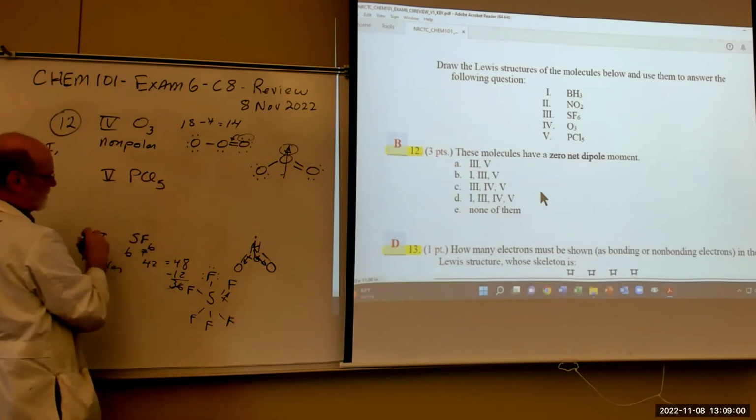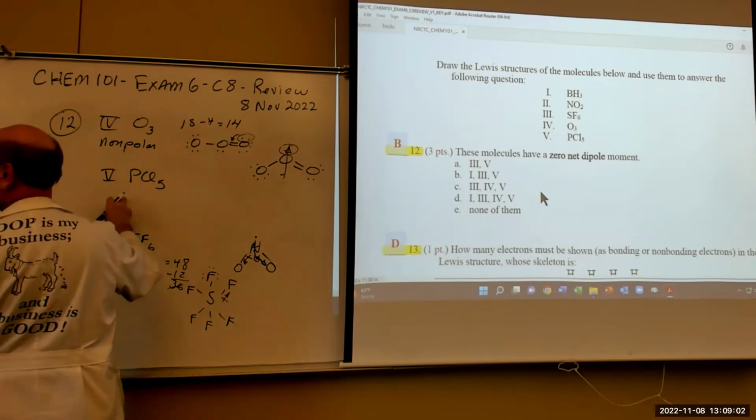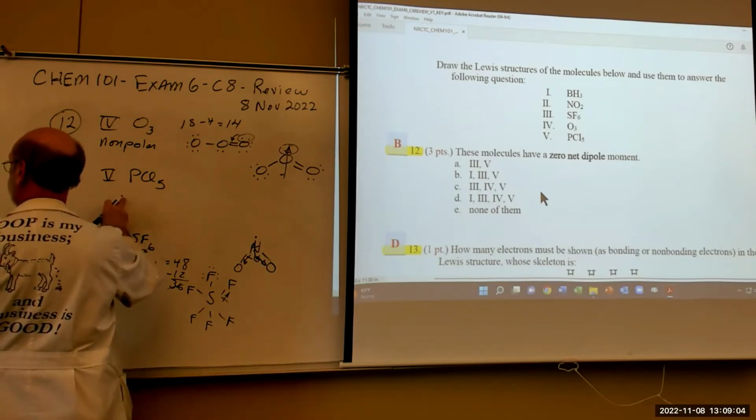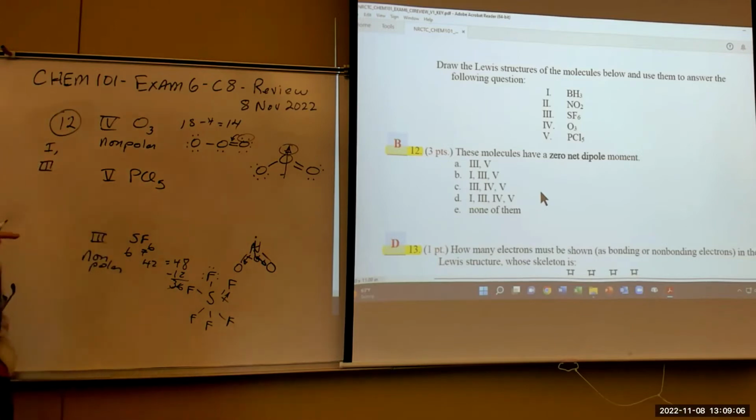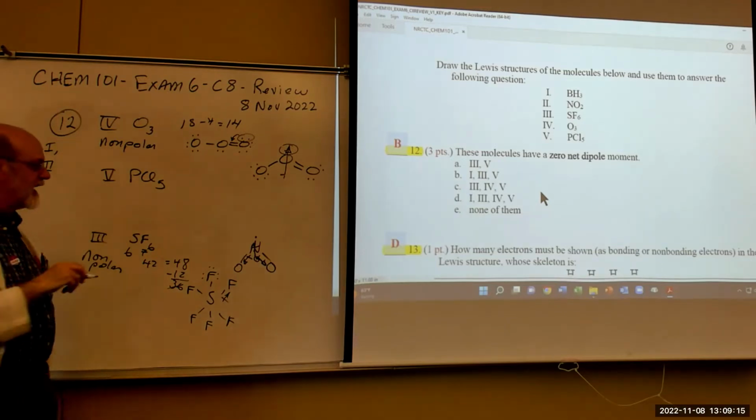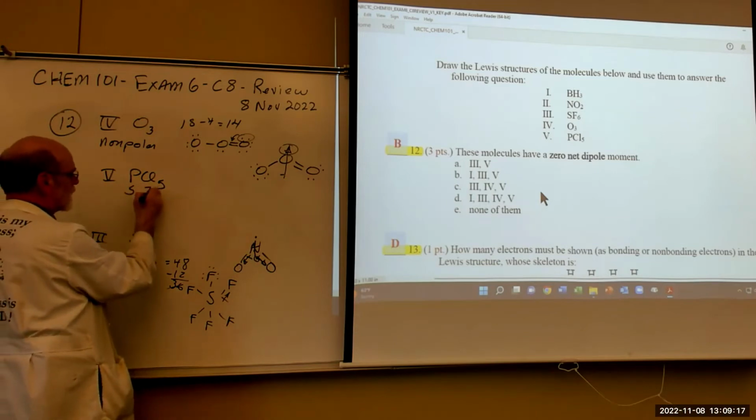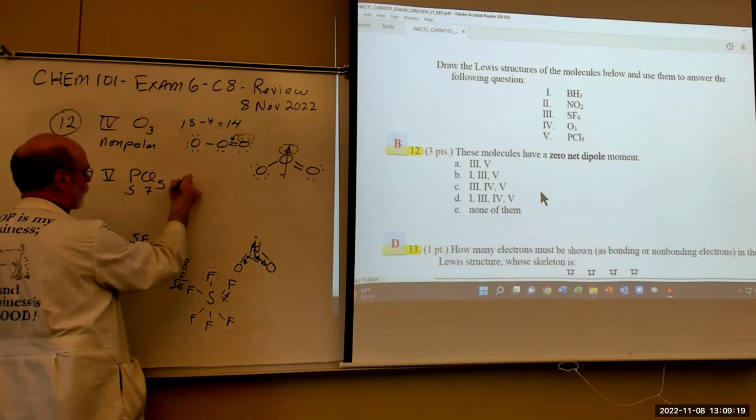PCl5. Okay. Phosphorus has 5. How do I know it has 5 valence electrons? Count from the left. 1, 2, 3, 4, 5. Phosphorus has 5 valence electrons. 7 for each one of these, so it's 35 and 5 is 40.